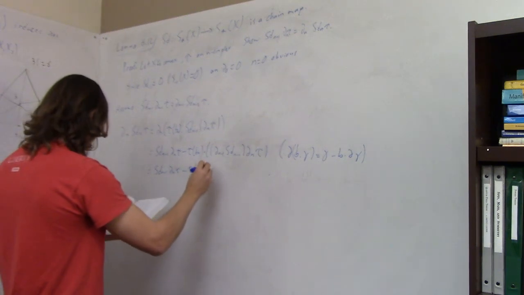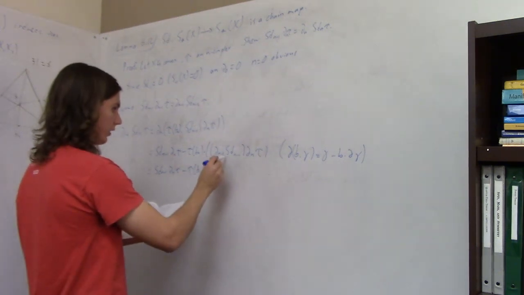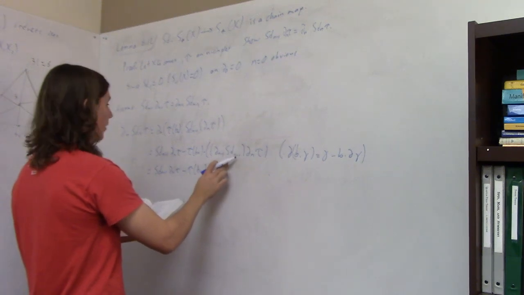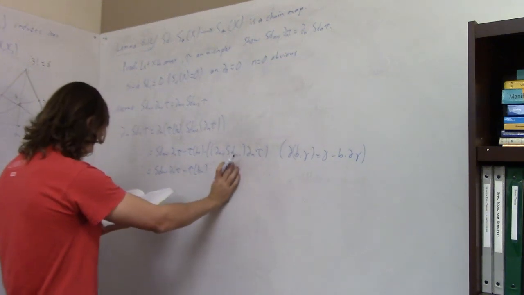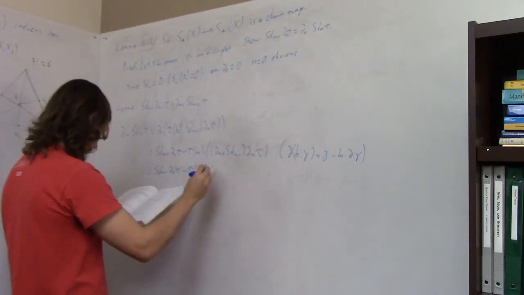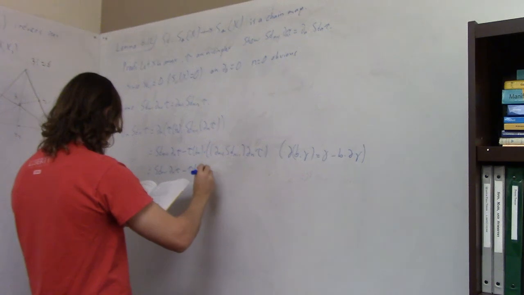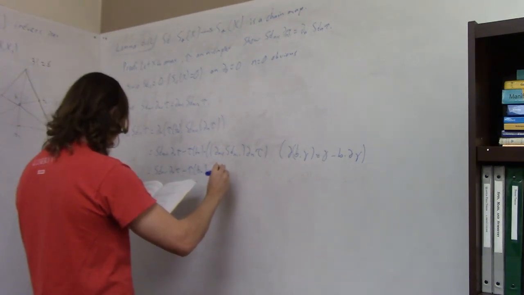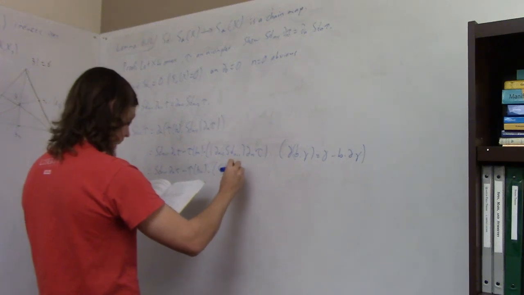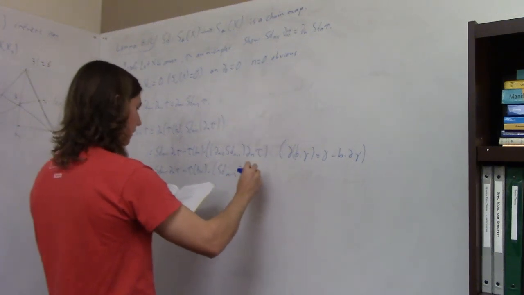Okay, but this right here. Let's see, hold on. Wait, what are we doing? Probably using the... Right. So that's got a partial squared in it.